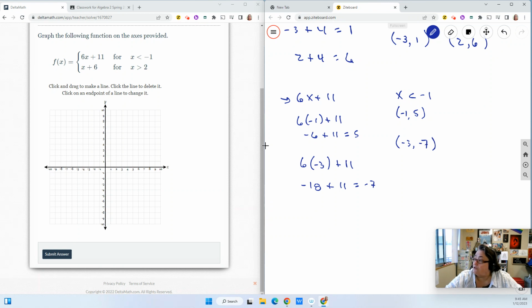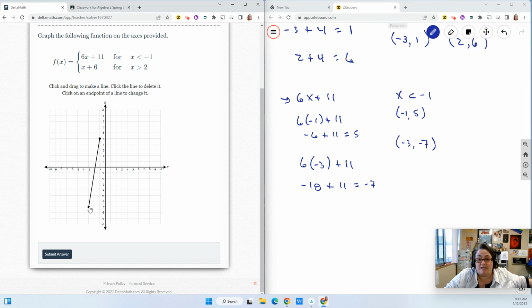So these are my 2 points that I'm going to graph. My first point is negative 1, 5. So here at negative 1, I'm going to go up to 5. And my next point is negative 3, negative 7.